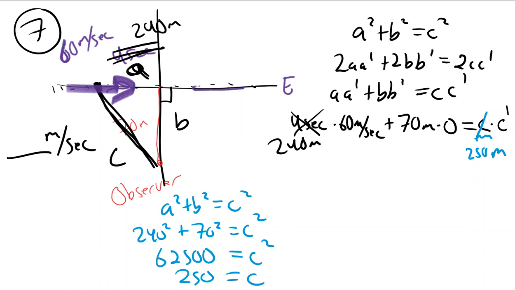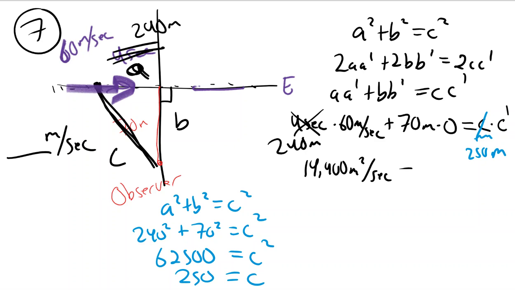So the hard part should now be behind us. We've got an equation and we just need to solve for our variable. So 240 meters times 60 meters per second would be 14,400 square meters per second.